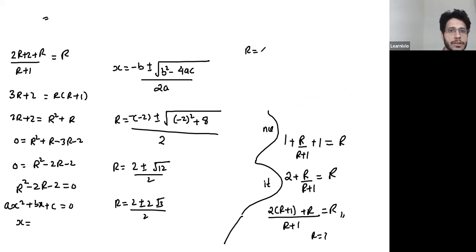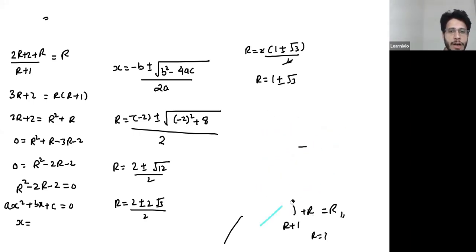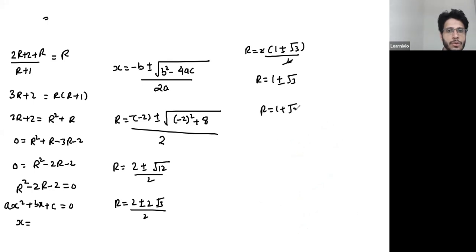I can take 1 as common, 1 plus minus root 3 by 2. So this 2 will cancel this 2. Your R is 1 plus minus root 3. So R is either 1 plus root 3 or 1 minus root 3. So you have two roots. 1 minus root 3 is basically negative.